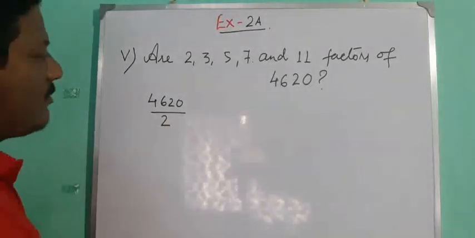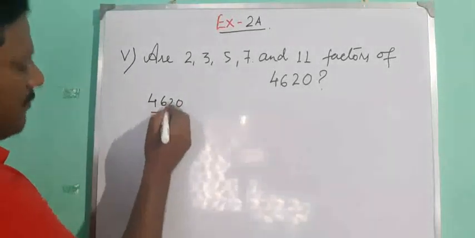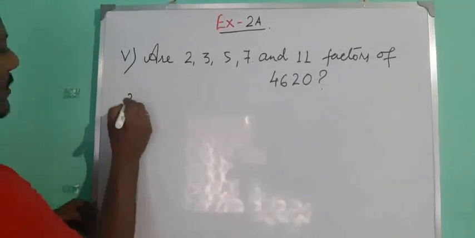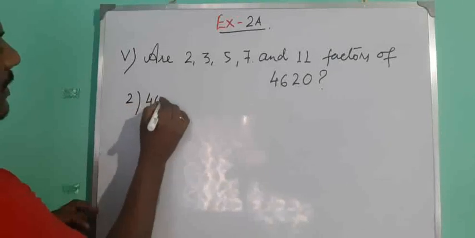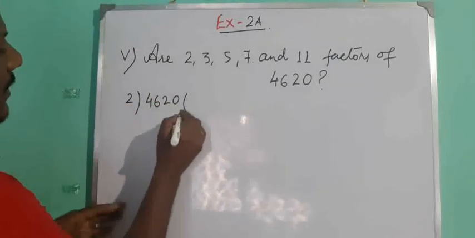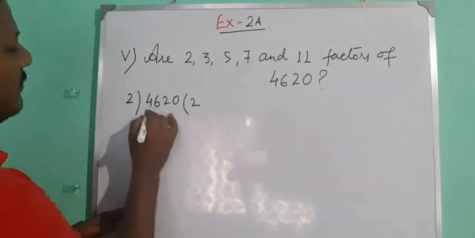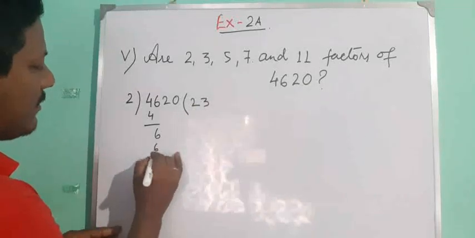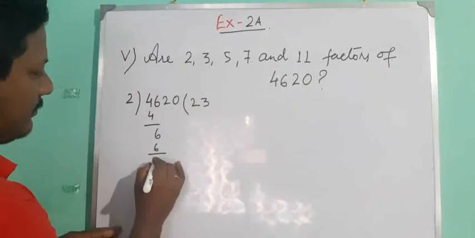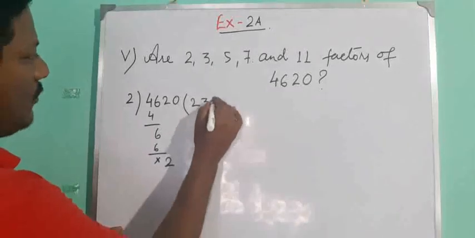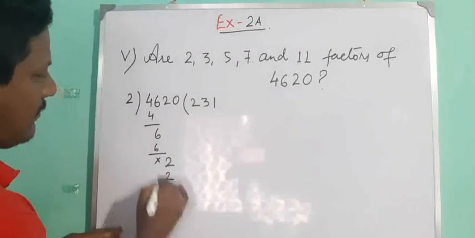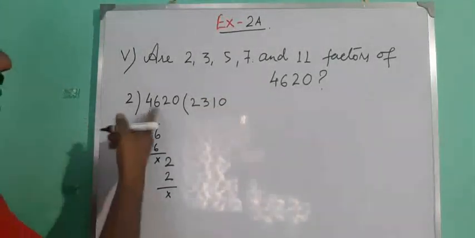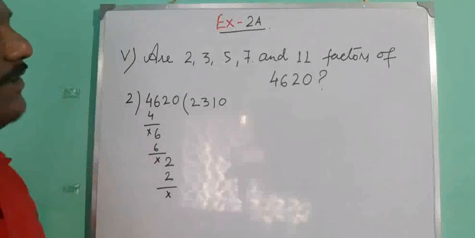You can have the simple division. 4620 will go by 2: 2, 3, 1, and so the remainder will be 0. So yes, 2 is a factor of this number.